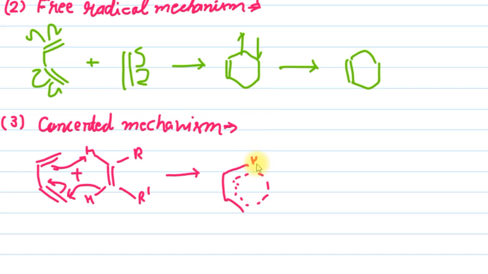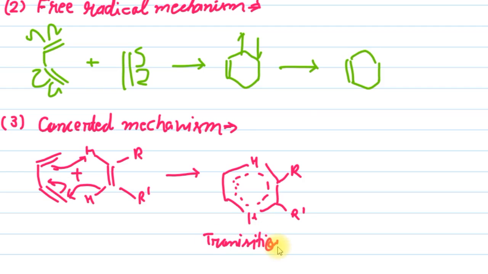Here hydrogen is single bonded, here an alkyl group is present, and here another alkyl group is present, and this is the transition state of this mechanism.